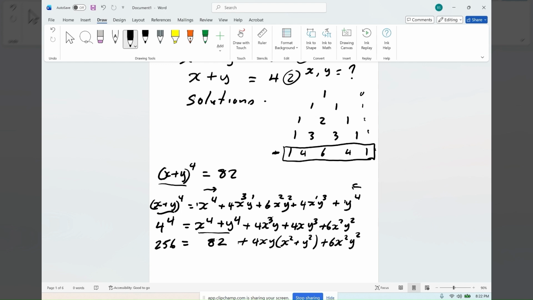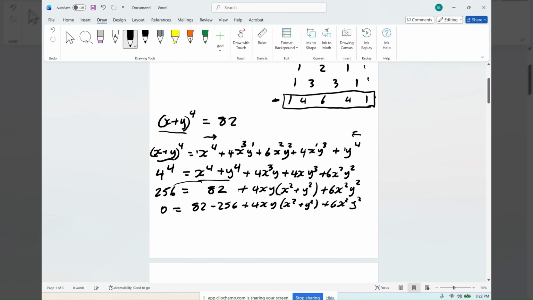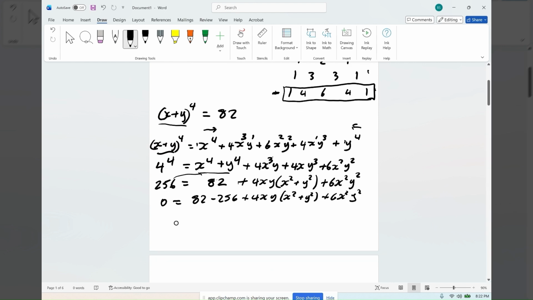Let's bring this on that side. We have 0 is equal to 82 minus 256 plus 4xy times x squared plus y squared plus 6x squared y squared. So now we have 0 is equal to 82 minus 256.